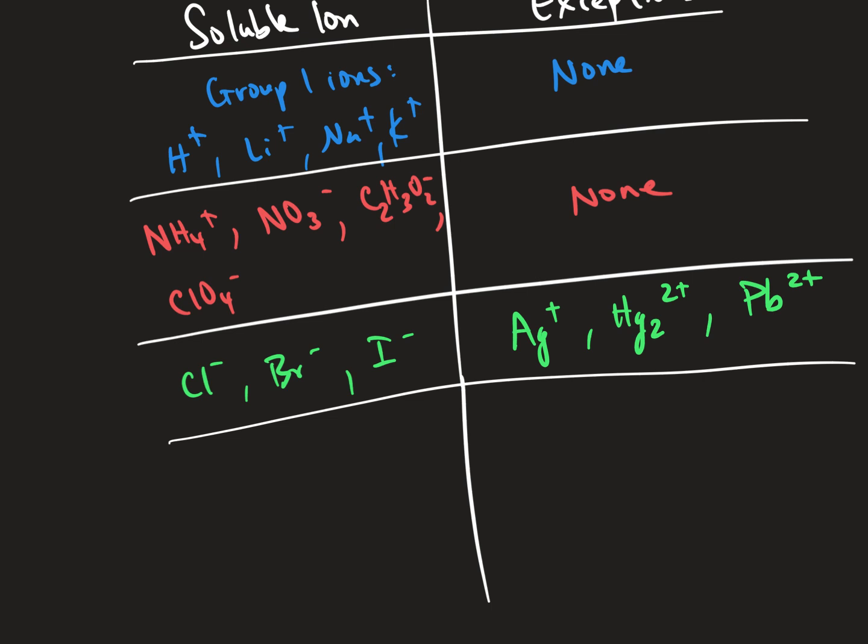Okay, and the last one is sulfates, SO4 2-. These sulfates are soluble except when bonded to strontium 2+, barium 2+, Hg2 2+, and lead 2+.